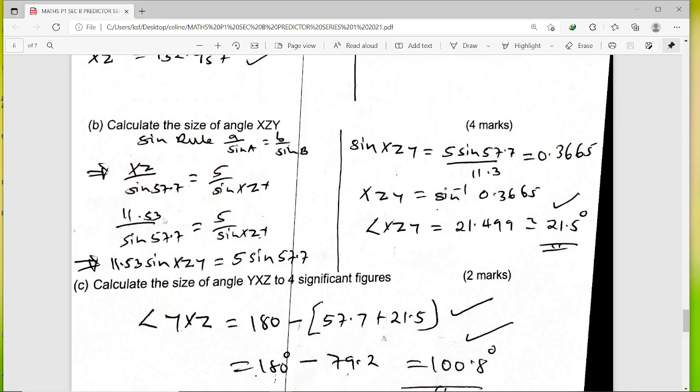XZ is 11.53, so 11.53 over sine 57.7 equals 5 over sine XZY.